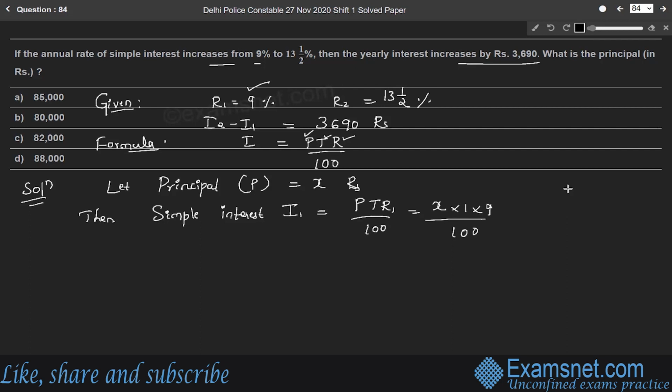Therefore, I1 is 9x by 100. Consider this as equation 1.